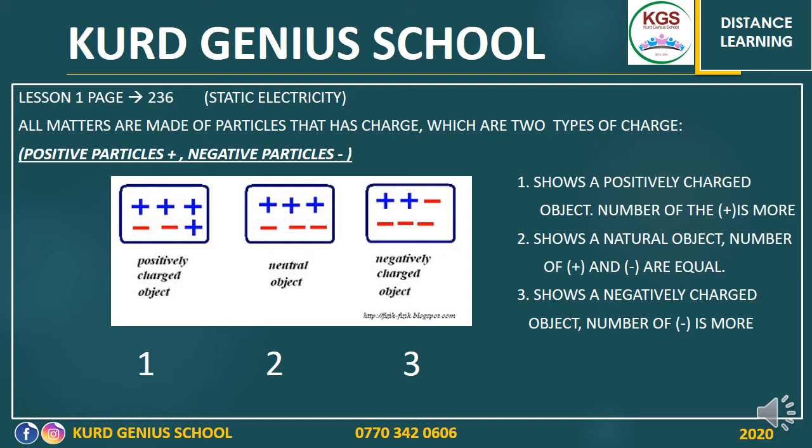Let me tell you something. All matter in nature, in real life, is trying to be neutral. The positive ones want to equalize their positive charge, and the negative ones want to equalize. They need an equalization. How is this happening?